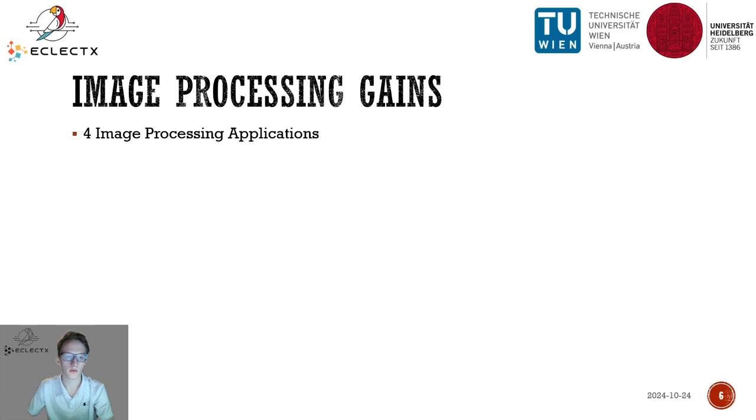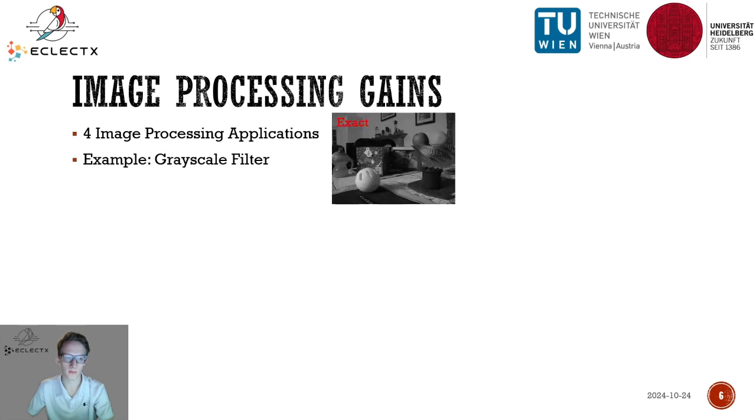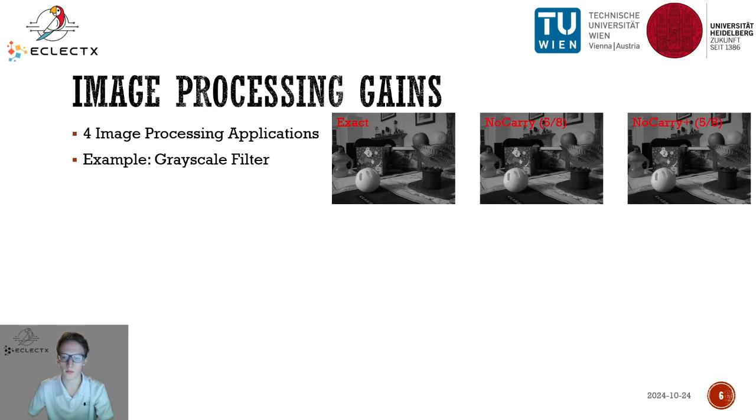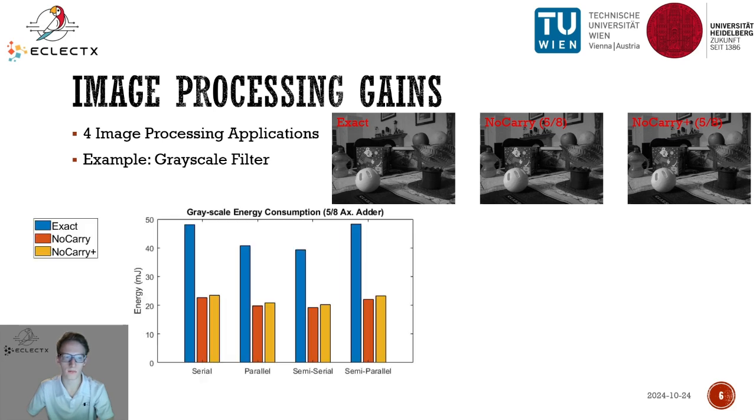At first, we evaluated 4 different image processing applications, which you can see more of in the paper. For now, we evaluated an example for the grayscale filter, where you can see the exact image here and the approximated image with 5 out of 8 bits approximated for both of our approaches beside it. As you can see, there's almost no difference for the human eye.